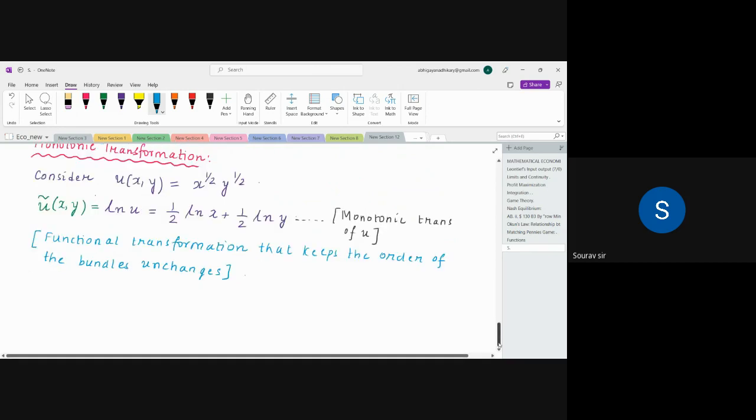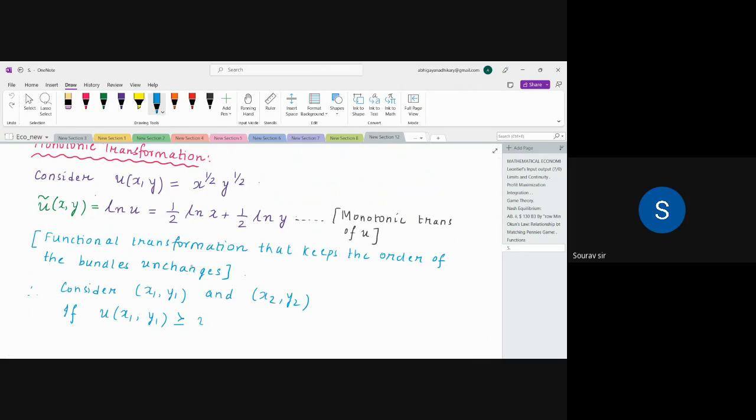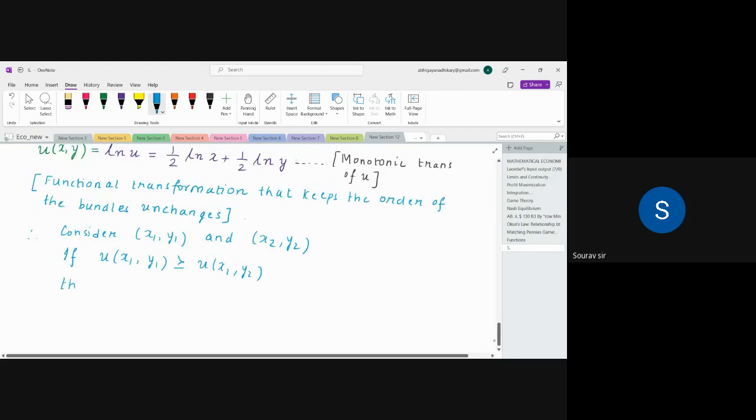That means, let's say we consider two bundles, x1, y1 and x2, y2, two bundles of commodities. If under the u function, the utility is greater than or equal to the utility from the second bundle, x2, y2, then the order remains under this transformed function.